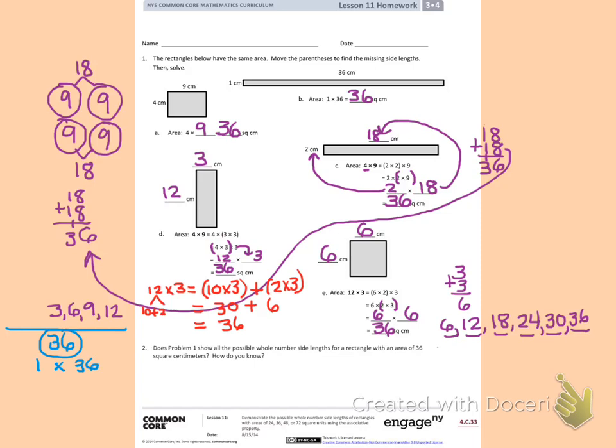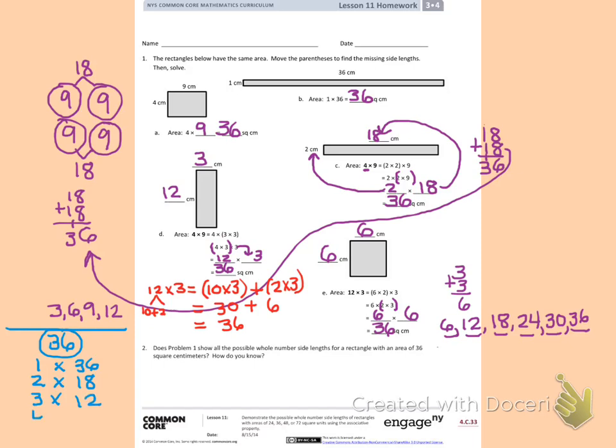Now, I'm going to go in order to make sure I don't skip anything. I know that 2 times 18 is 36. I know that 3 times 12 is 36.